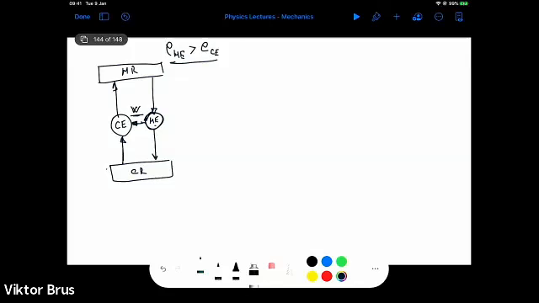And there we will show that it indeed does not depend on working substance, and that will be defined only by the difference in temperature of hot and cold environment.